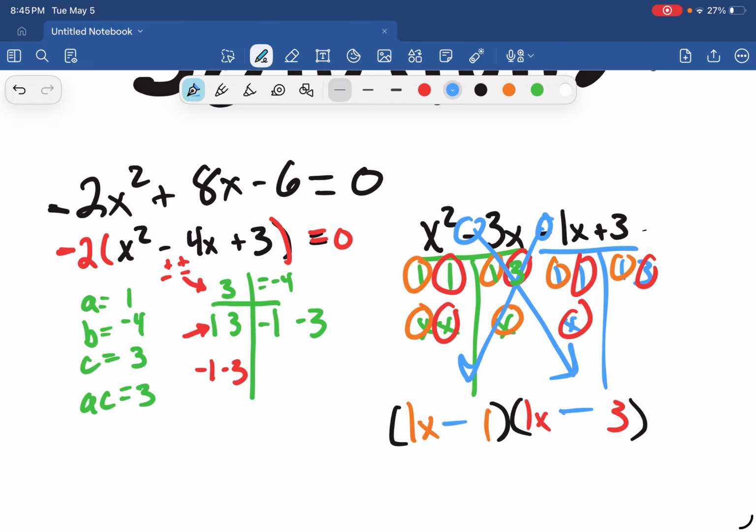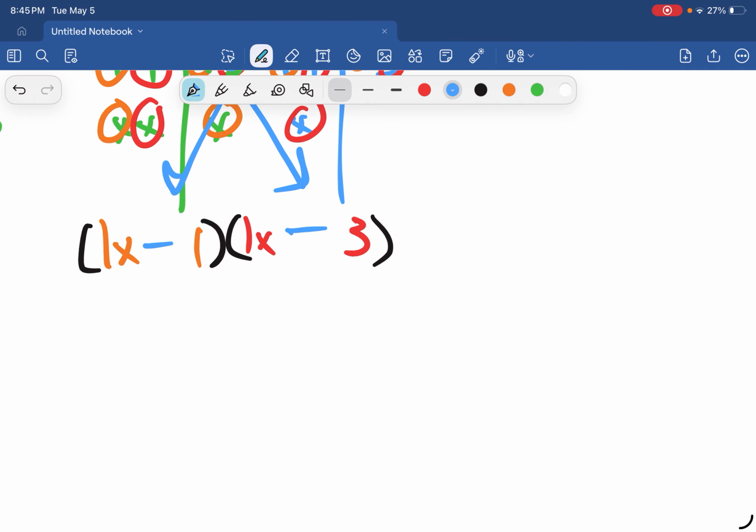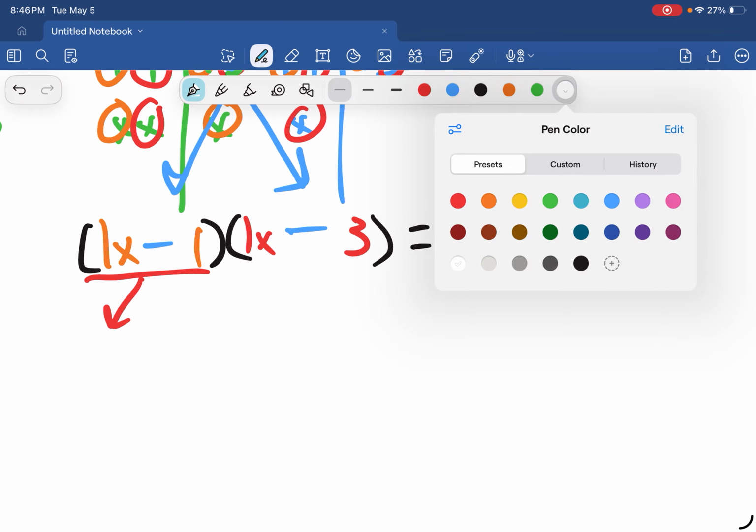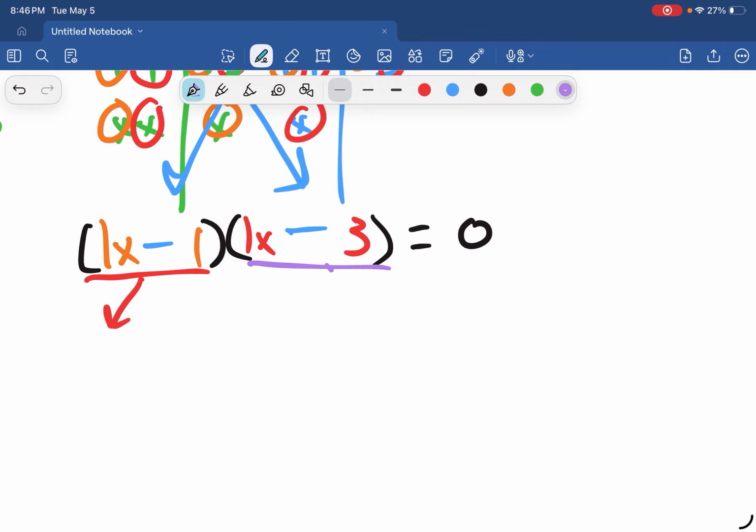And so I'm ending up, when I factor this, with x minus 1 and x minus 3. Now that I have that, now I can reset this equal to 0. Woohoo. I'm going to put both of these equations equal to 0. This is what we refer to as ZPP.